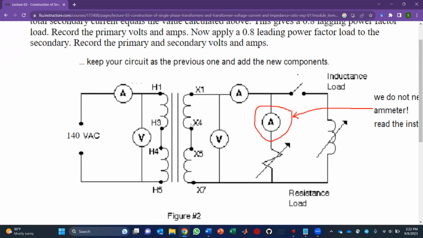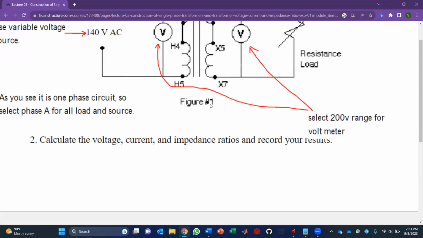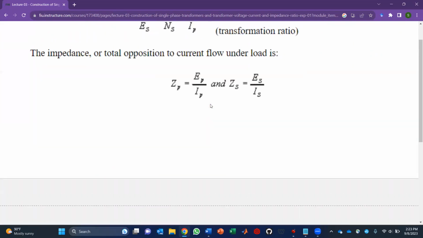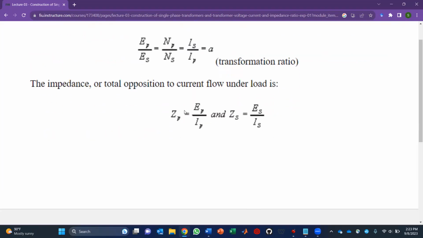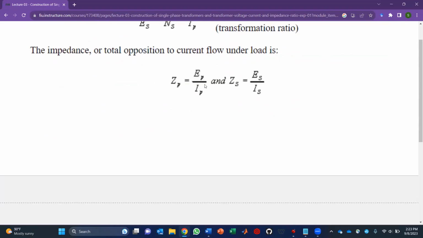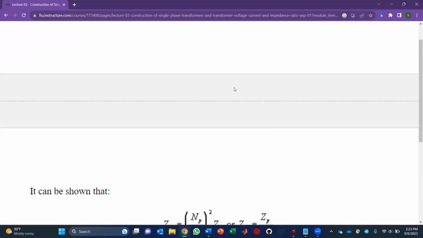So turns ratio or transformation ratio, you will compare the primary side's voltage and secondary side voltage like this. You will use this formula. So in one case, you will use this portion, and in another case, you will use ZP and ZS, the impedance of the primary and the impedance of the secondary side.